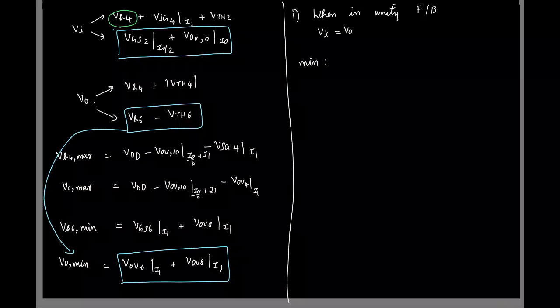One end it is VGS plus V overdrive, the other is basically two overdrives. So which is higher? VGS plus overdrive, right? So this is the thing that finally determines. So this is basically VGS2 at a current I0 by 2 plus V overdrive of 0 at a current I0.